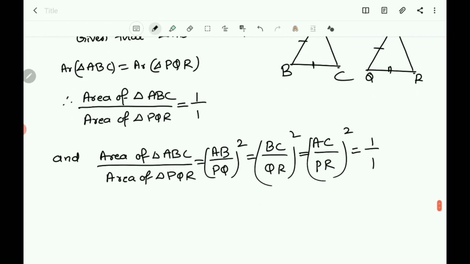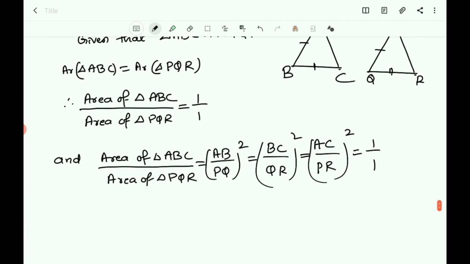The reason you are going to give is the theorem that you have proved here: areas of similar triangles are proportional to the squares of their corresponding sides. You can write the reason here.